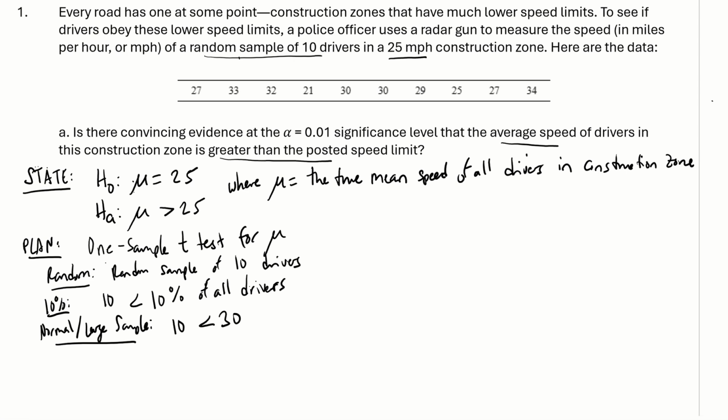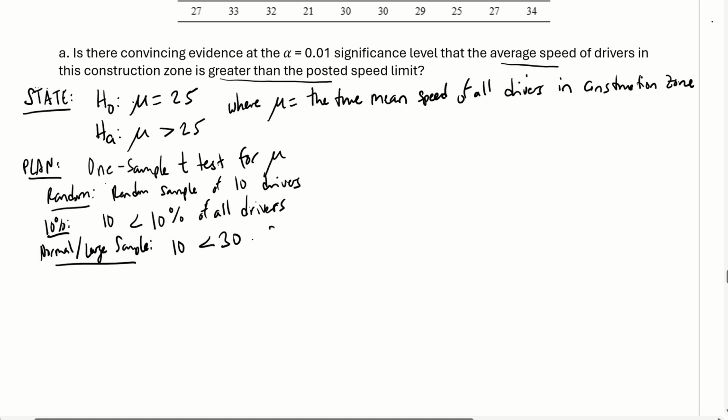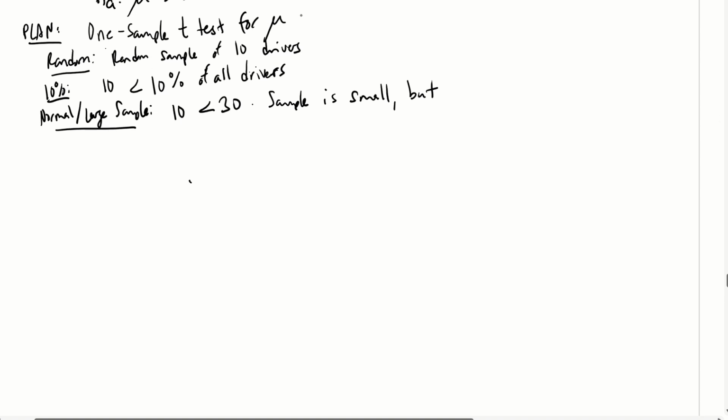So the sample is small, and we're going to have to make a graph. Now we're going to do the dot plot. So let's construct a dot plot for this. They give us the data. It's only 10, so it's not too bad.